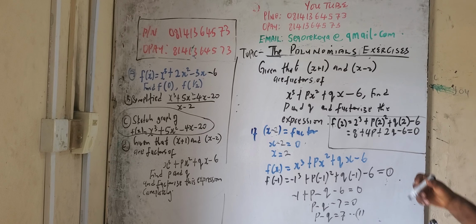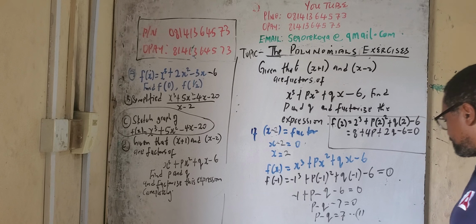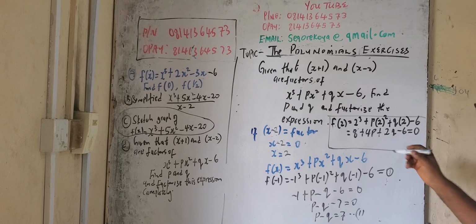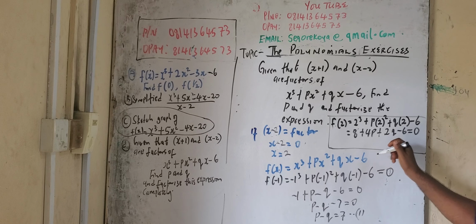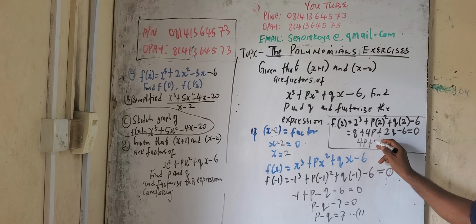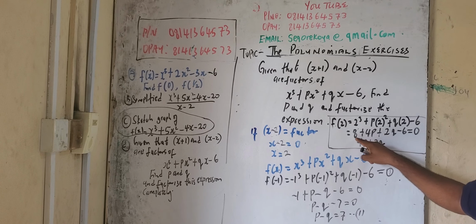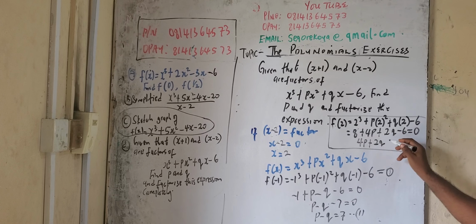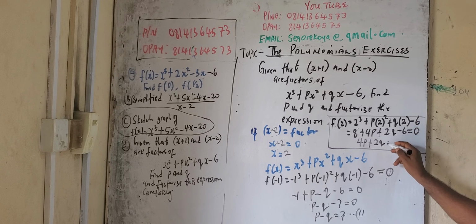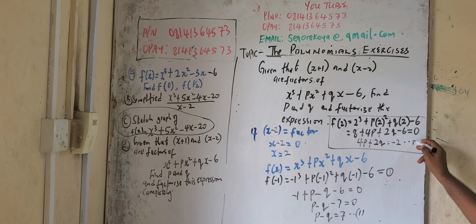Everything must be equal to 0. So now we collect like terms here. 4p plus 2q we stand on one side of the equation. Then I have 8 minus 6. 8 minus 6 gives me plus 2. When I carry plus 2 to that side, it gives me minus 2. So this is my equation 2.